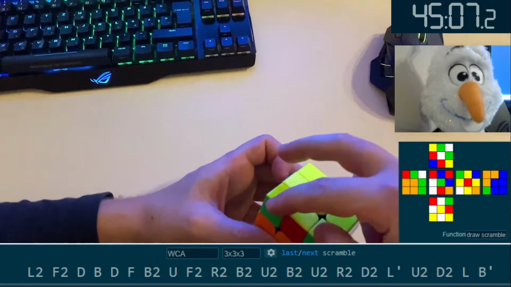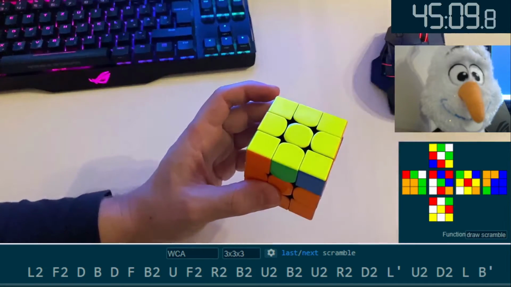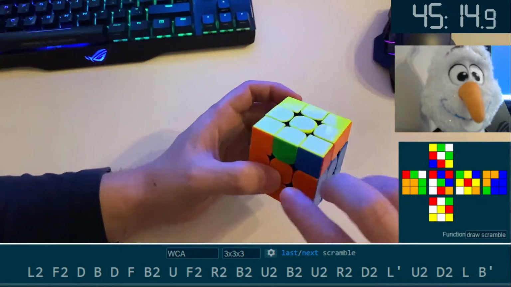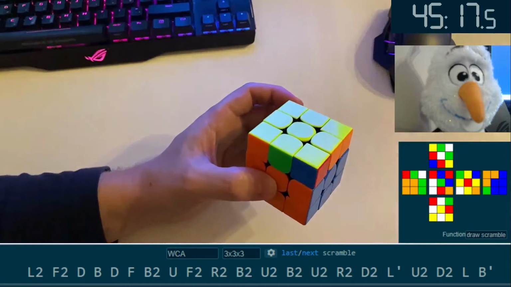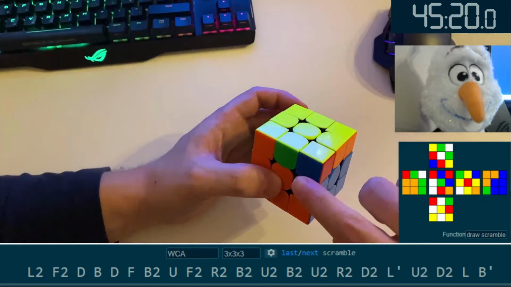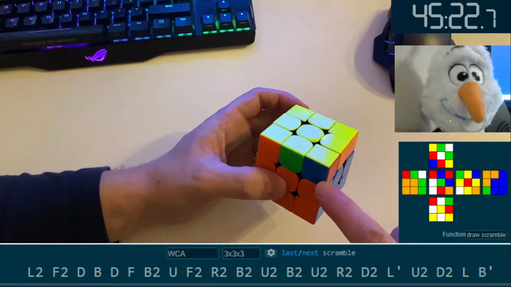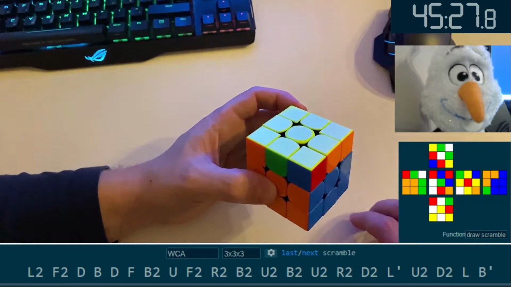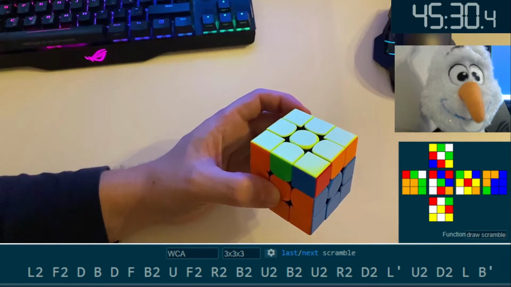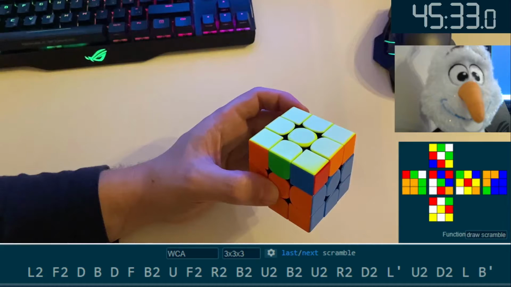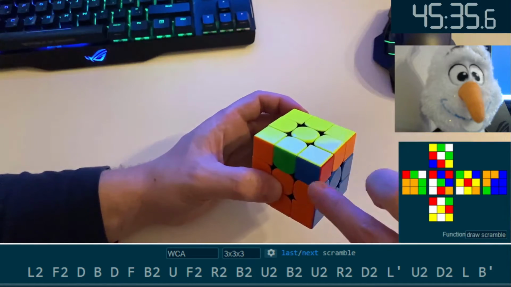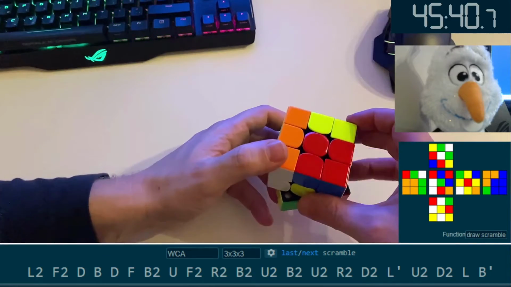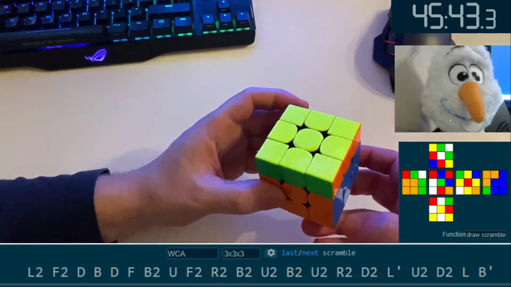And okay, headlights need to go always on the left hand side, and then we've got the A-perm, the other A-perm than before, because we see every color on the bottom, and this block here could be a G perm, but because all the colors are on the bottom, this is an A perm with a twisted corner.